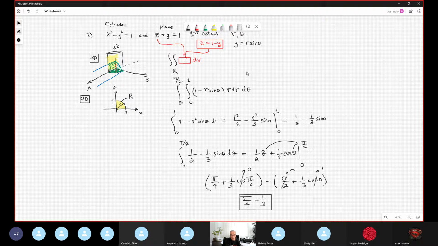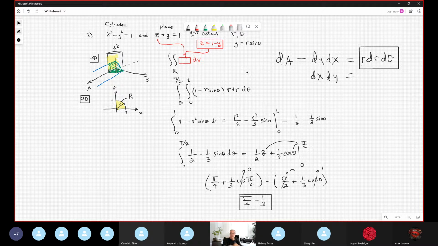Everyone in the world knows very well that the Jacobian in polar is r. So basically, this is a good question. dA, which is dy dx or dx dy, in the polar world is r dr d theta. In this order always. Okay? Cool or no? Understand? Okay.